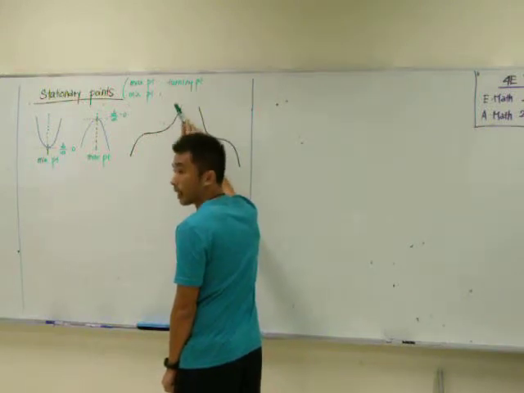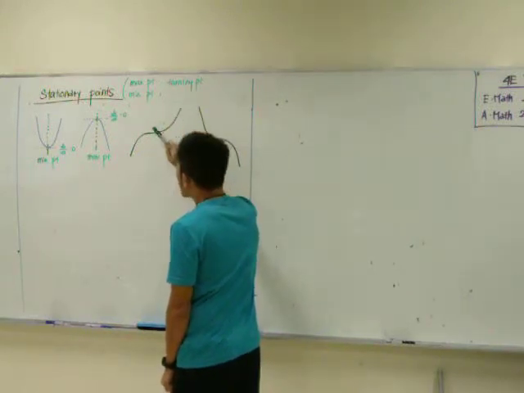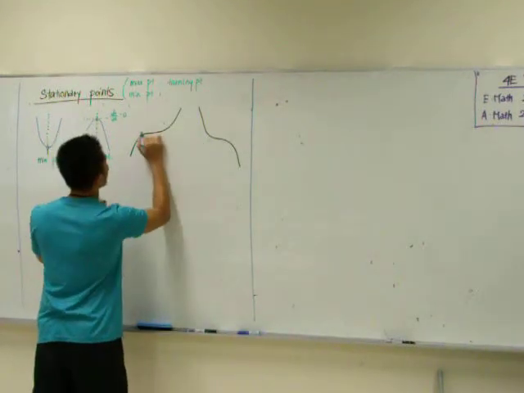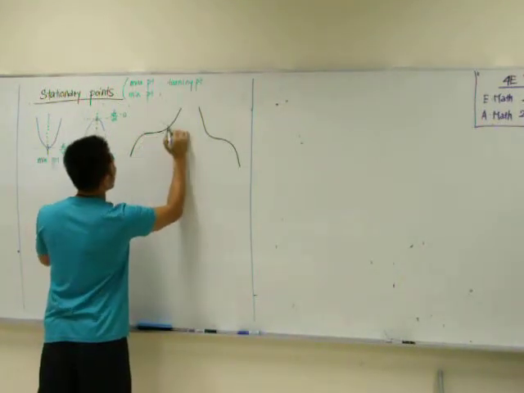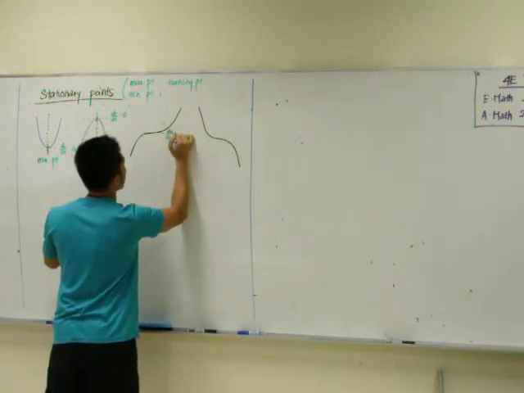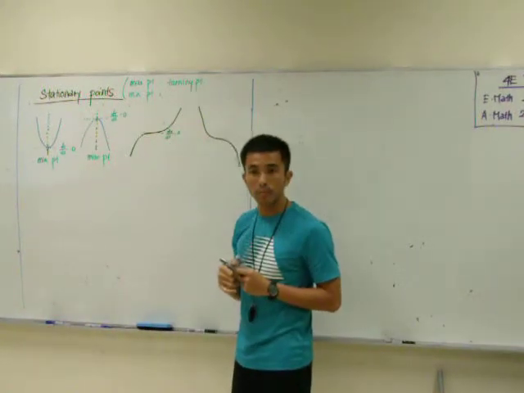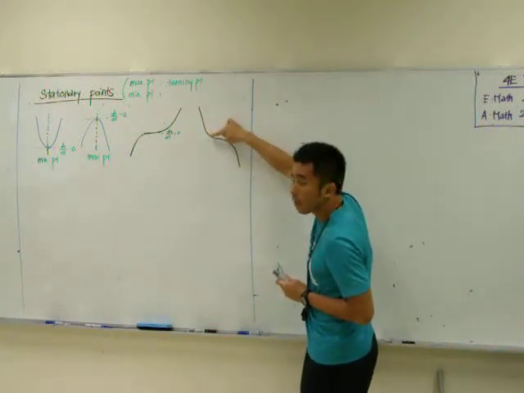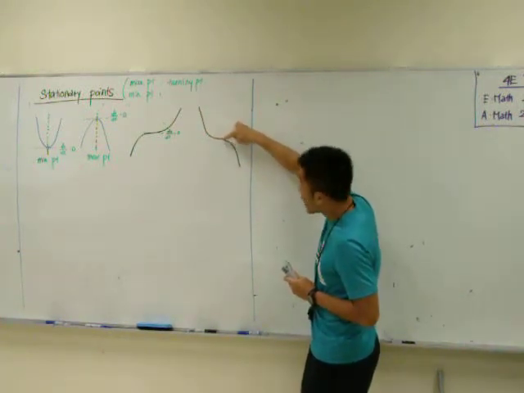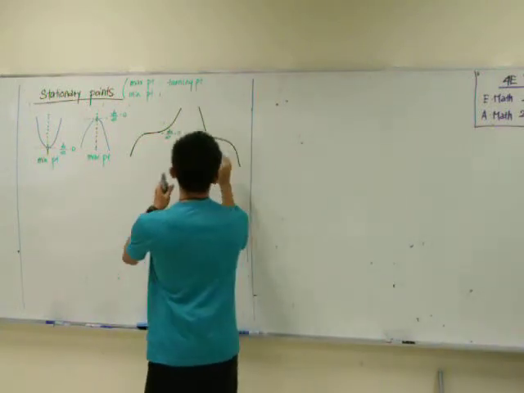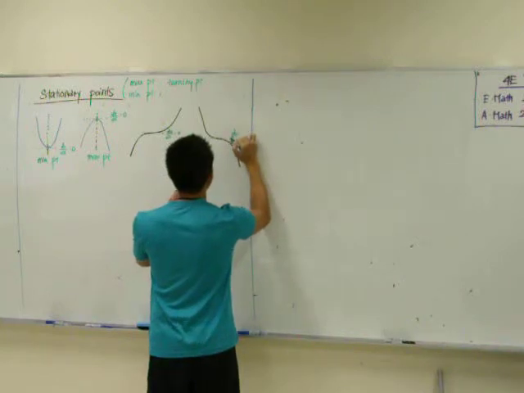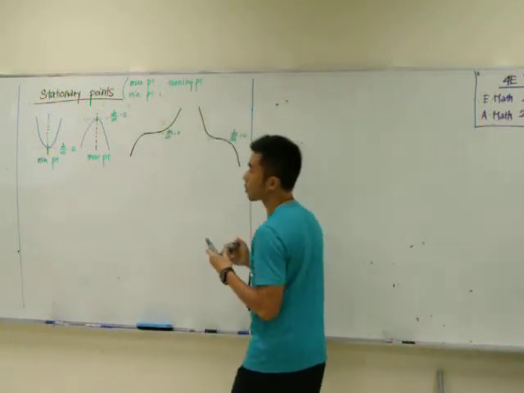It increases again. So there is a certain point over here where your gradient will also be equal to 0. Do you agree with me? Similarly, this is decreasing. Suddenly becomes slightly flat, then it decreases again. Similarly, there must be a certain point over here where the gradient is equal to 0.